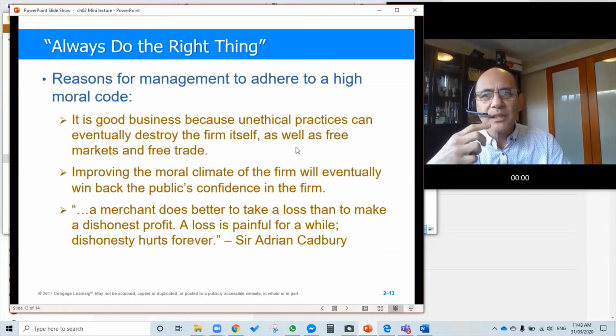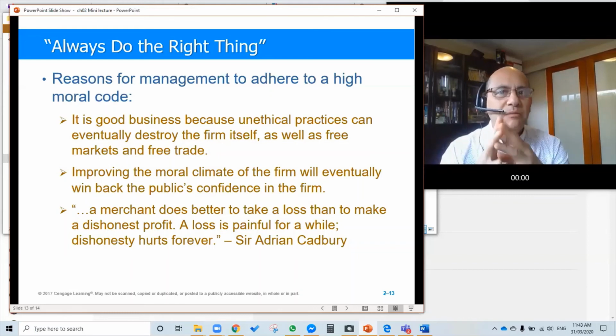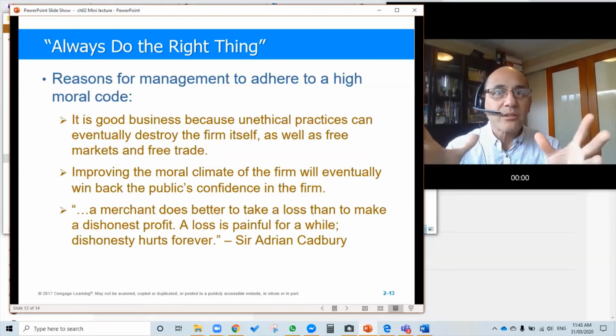The other thing is, if our company cheats and, for example, bribes government officials in order to gain contracts, then we're setting a bad example for other companies as well. And if all companies start to bribe government officials, then that will be very negative for the citizens.